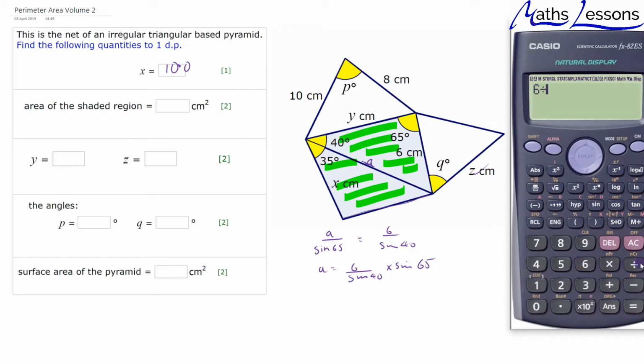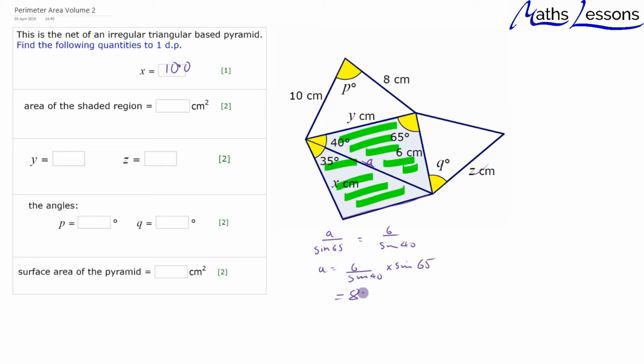So 6 divided by sine of 40 times the sine of 65, and we get 8.459787 and so on.